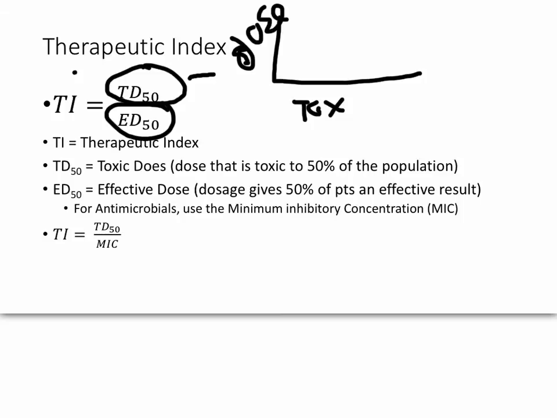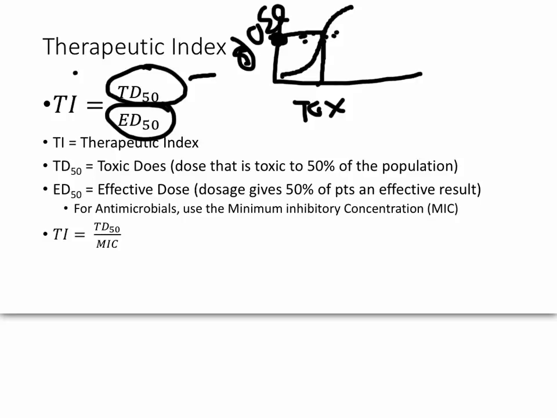Starting out, very few people get sick, then it spikes up and everybody is sick. 50% of my people are sick at this concentration. So at that dose, 50% of people are having toxic effects.